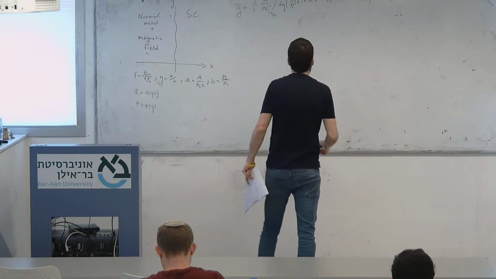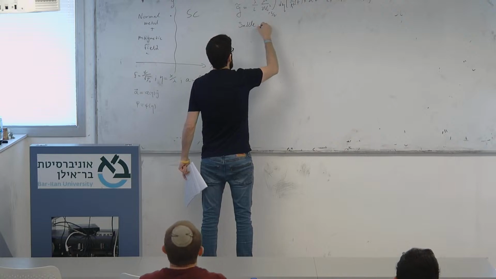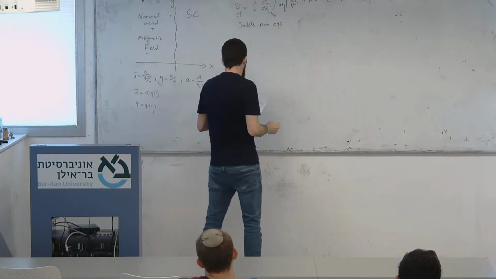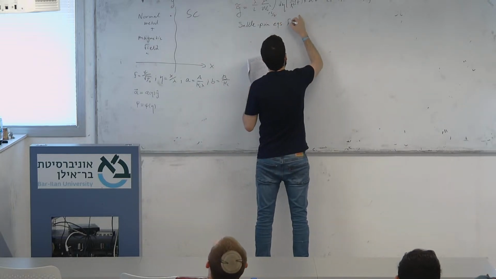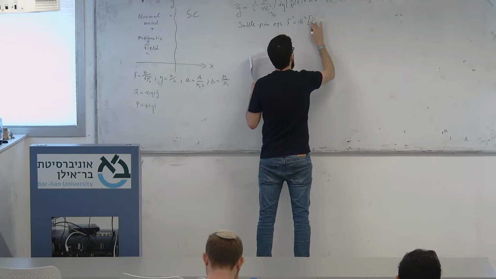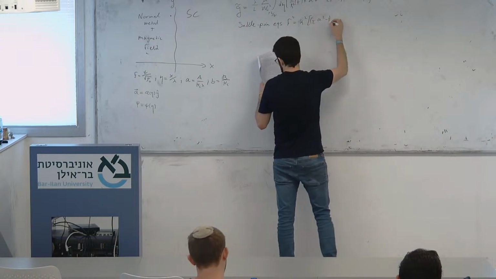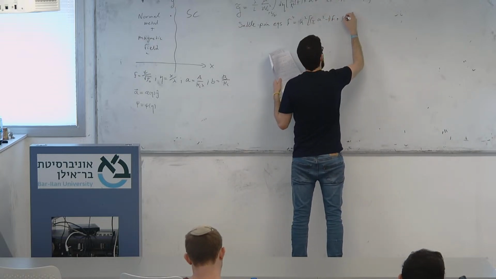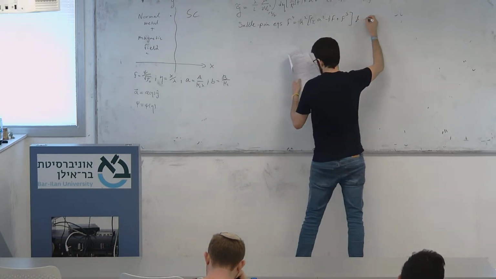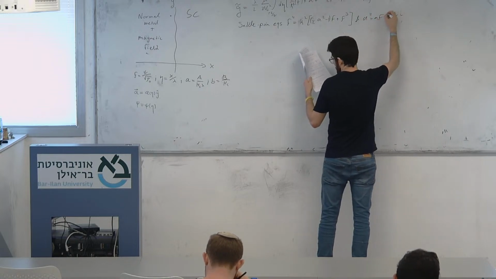And from here we got saddle point equations, which are f double prime equals kappa squared times 1/2 (a squared minus 1) times f plus f cubed, and a double prime equals a f squared.